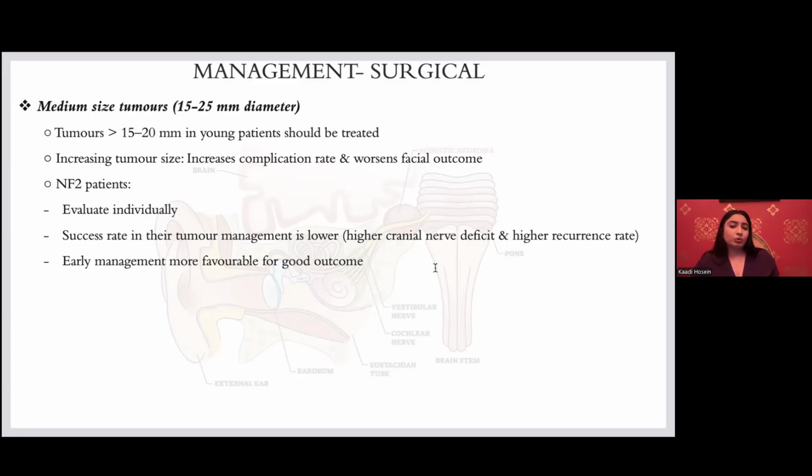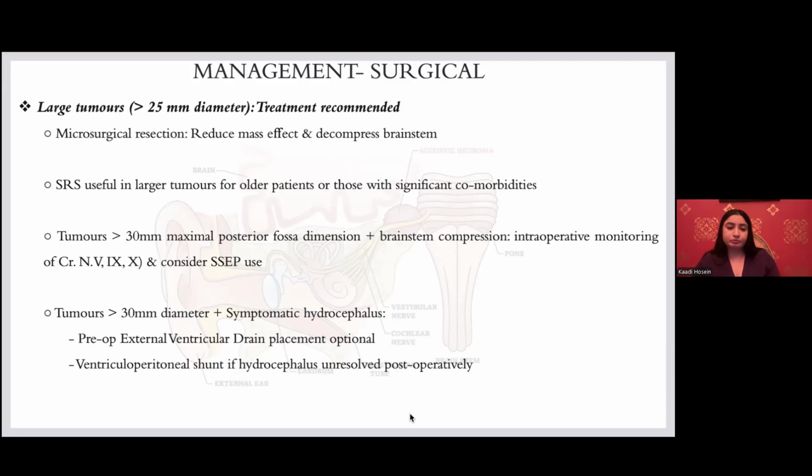Post-observation to establish growth is a valid option in older patients or those with significant medical comorbidities. The complication rate increases and facial outcome worsens with the increasing tumor size, as we stated before. And neurofibromatosis type 2 patients present a unique challenge and should be evaluated individually. And in general, the success rate in the management of their tumors is lower owing to the higher cranial nerve deficits or higher recurrence rates.